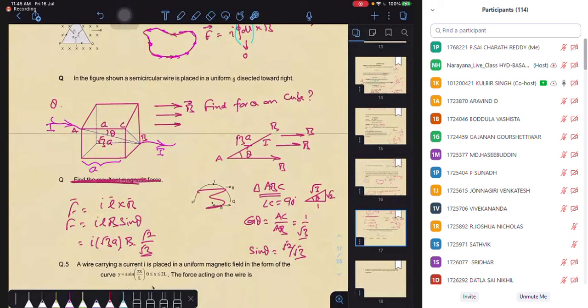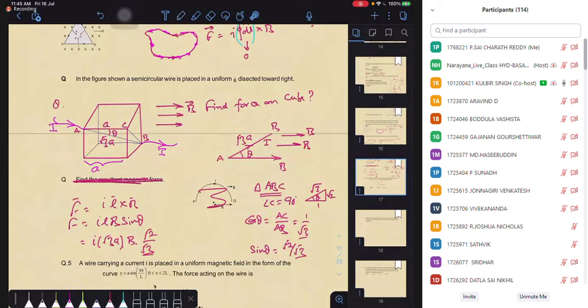So I hope you can understand that this approach of replacing the curved body with straight lines is a very powerful approach. A lot of complicated problems could be easily solved.